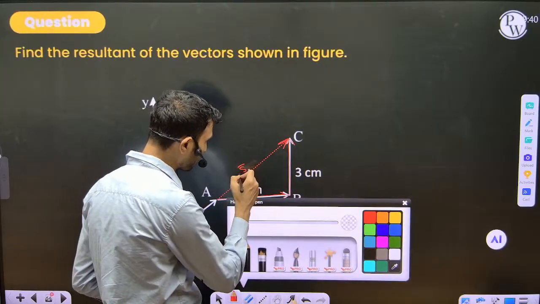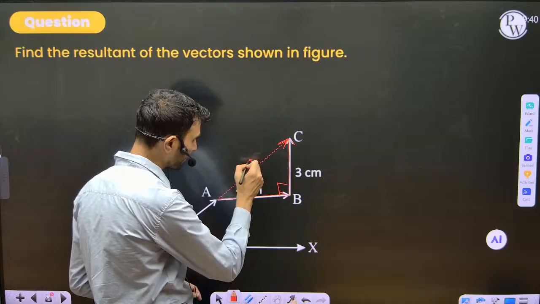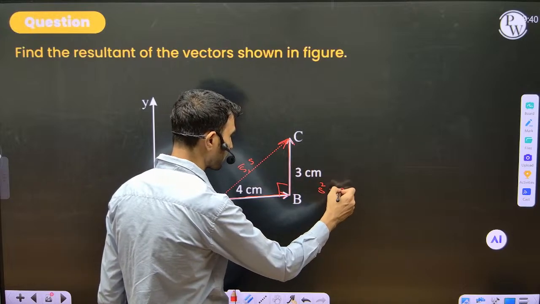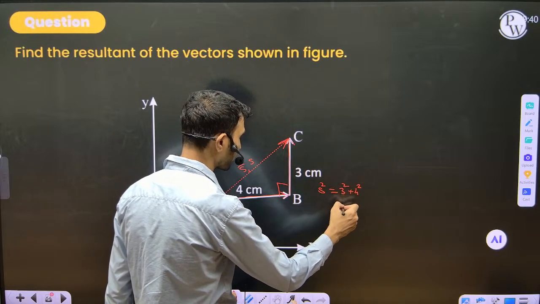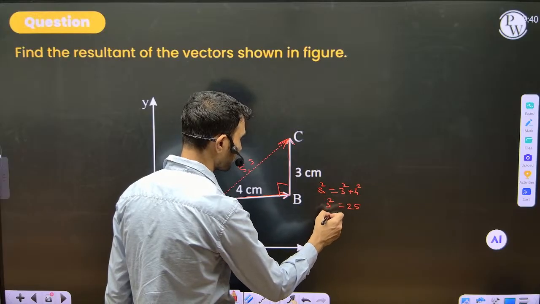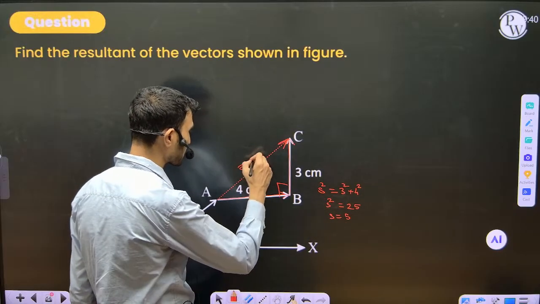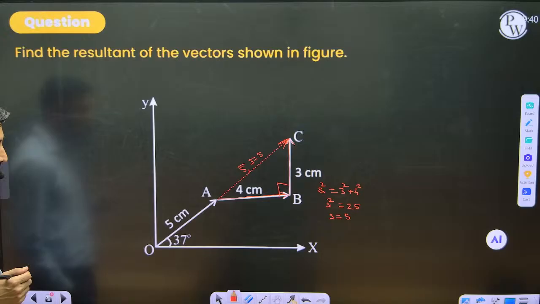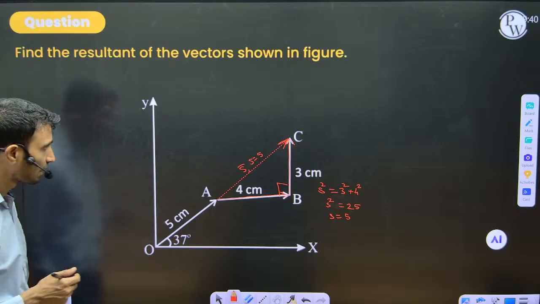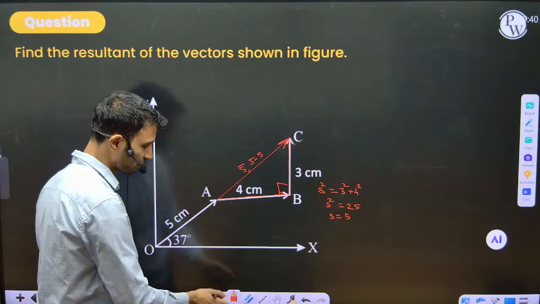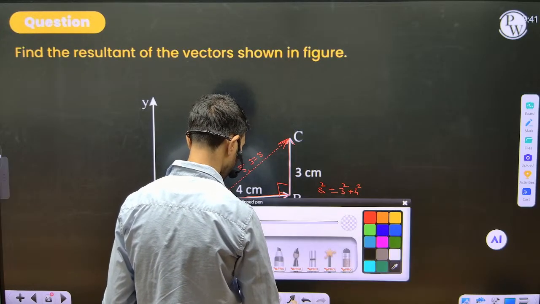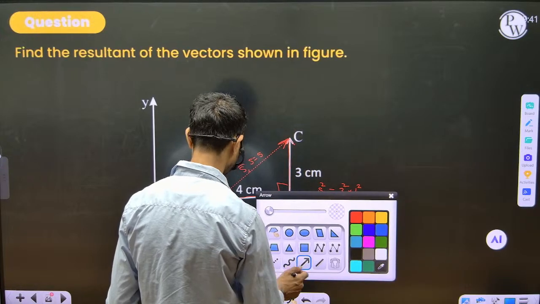For that I have to find the magnitude. So this is a right triangle. Let's say its magnitude is S. So how do I get S? I can write S square is equal to what, guys? 3 square plus 4 square, which is equal to 25. Which tells me that S is nothing but 5. And that 5 and this 5 makes how much? 10, right?